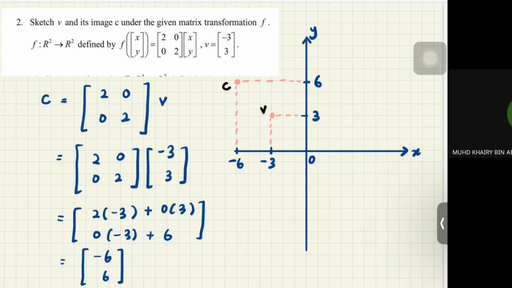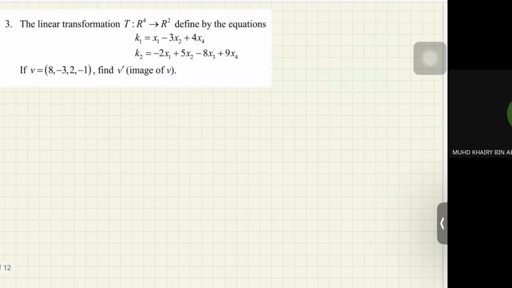Next, number 3. The linear transformation T is from R4 to R2, defined by the equations K1 and K2. If V is (8, minus 3, 2, minus 1), find V prime, which is the image of V. So now let's write this in matrix form.